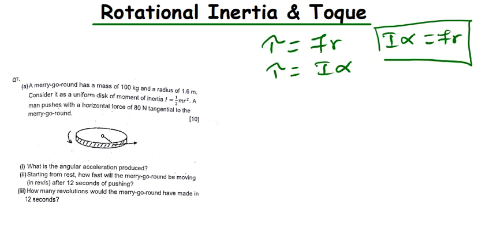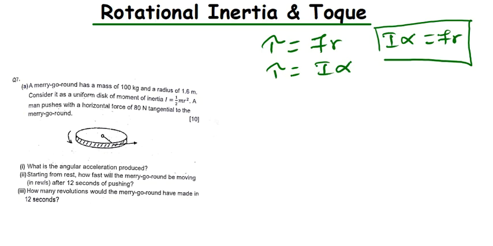This question had 10 marks. Part 1: what is the angular acceleration produced? Part 2: starting from rest, how fast will the merry-go-round be moving, in revolutions per second, after 12 seconds? Part 3: how many revolutions would the merry-go-round have made in 12 seconds?